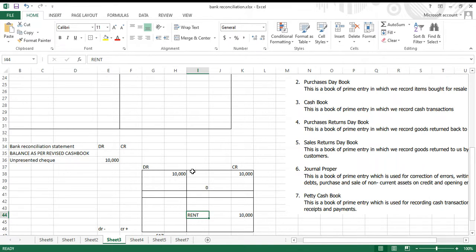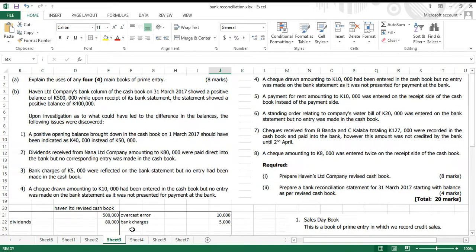So to get rid of this 10,000 and remain with the 10,000 on our credit side to reflect our payment, we need to credit our cash book 20,000. This 20,000 will ensure that this 10,000 is cleared away, and we remain with 10,000 on our credit side, which reflects the payment. So it's credit rent 20,000.